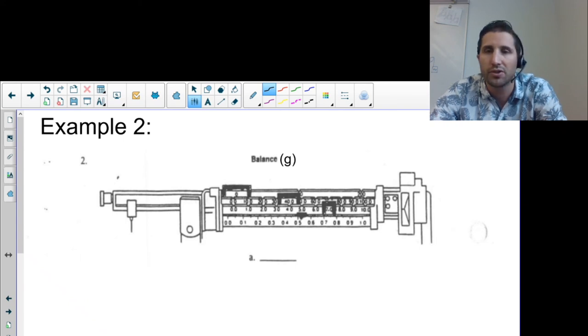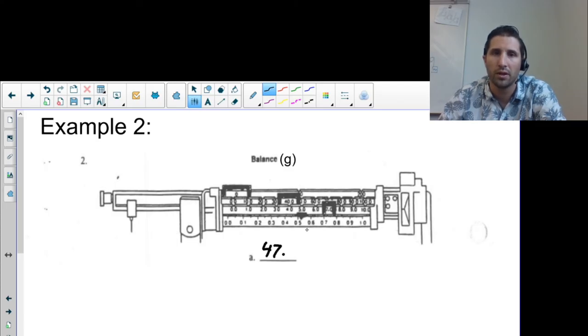So when I measure this out, I'm going to say that this mass is definitely 47 point, definitely between 0.5 and 0.6, so we agree on the 0.5. But the last digit is an estimated digit, and it looks pretty close to 0.5. I'm going to say it's 47.53 grams.